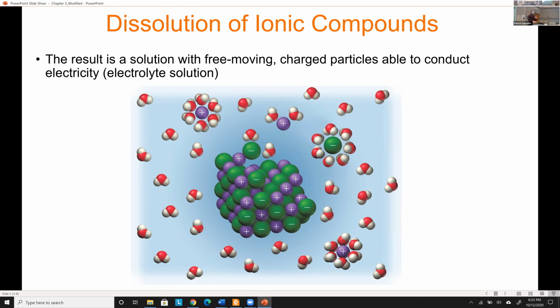It has this partial negativity based on the increase in electron density because of its polarity, or its higher electronegativity than hydrogen.